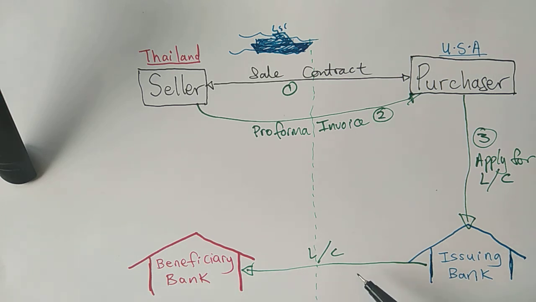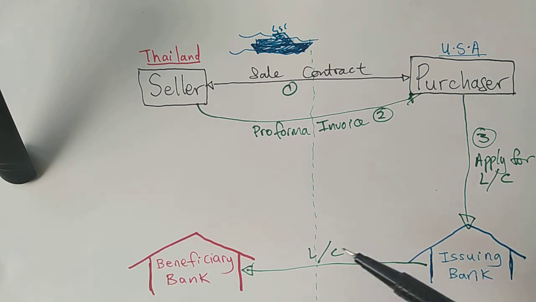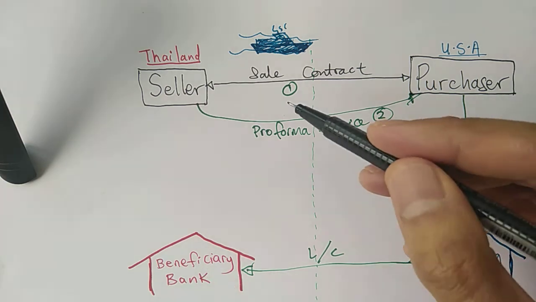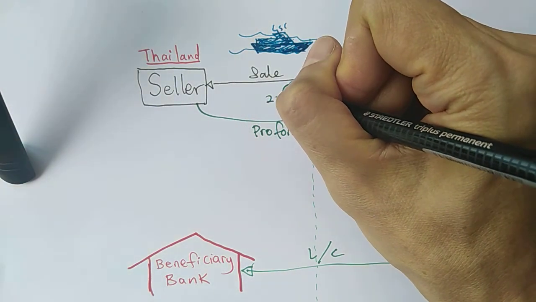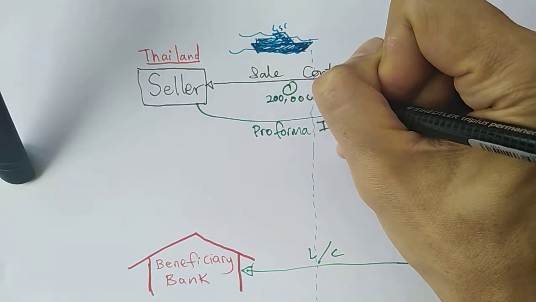Right? The letter of credit is a document. Basically, it's a letter of guarantee issued by the purchaser's bank to say that our client has an account in our bank, and our client has enough money to pay you. Let's say the sale price here is 200,000 baht.